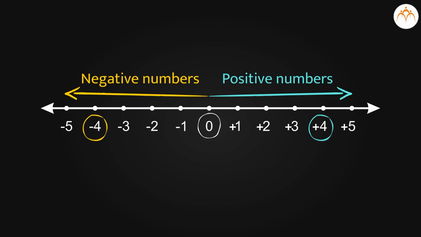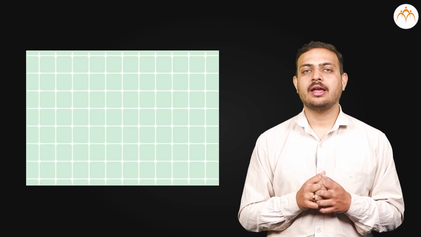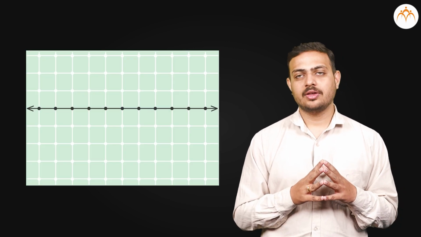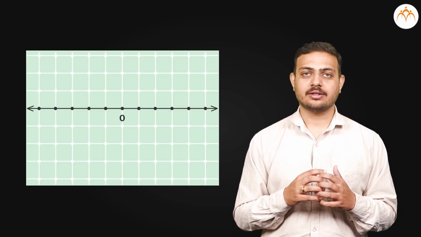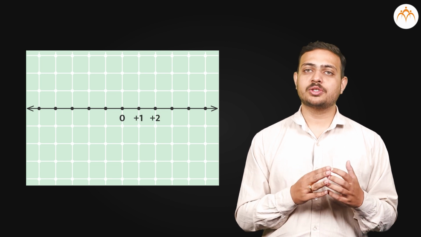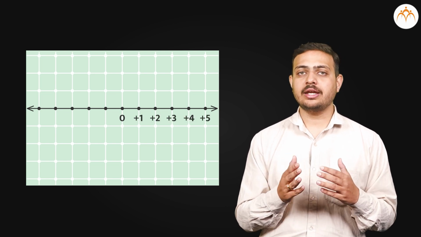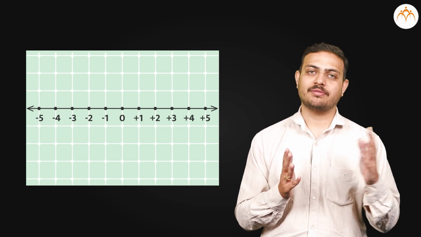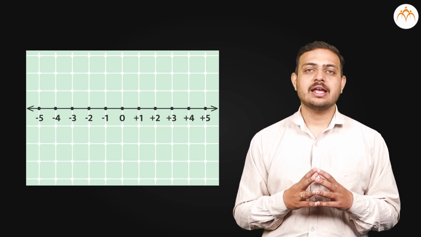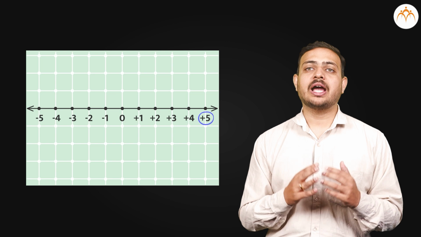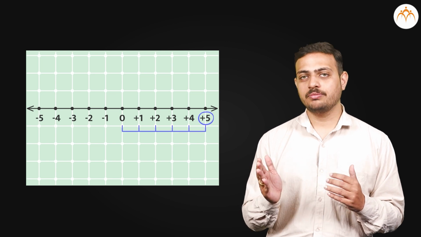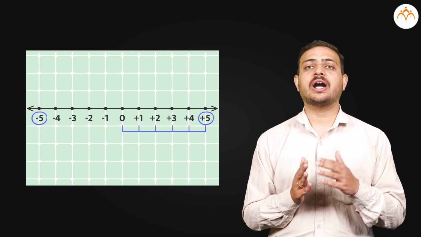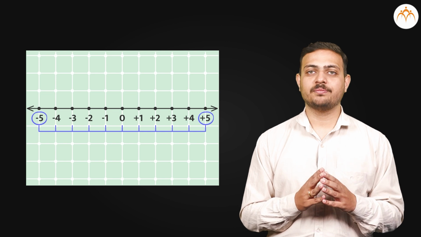Let's do an activity to understand this. Draw a line on the ground. Write 0 at the center. Mark +1, +2 and so on to the right of 0 and -1, -2 and so on to the left. Observe that +5 is 5 units to the right of 0 and -5 is 5 units to the left of 0.